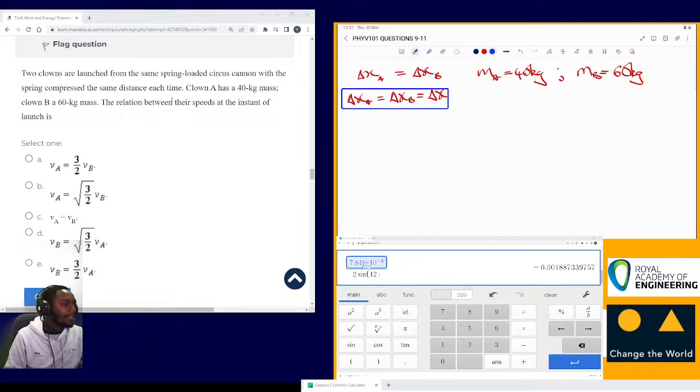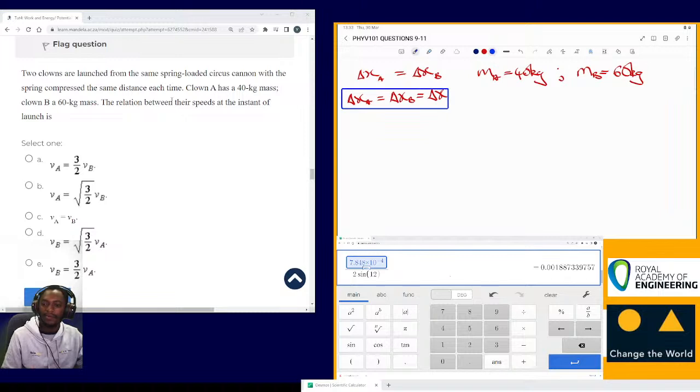Okay, so they are being launched from the same spring, so meaning that the energy that has been used to load this spring is going to be equal to the energy that these clowns are going to get as their kinetic energy. All right?